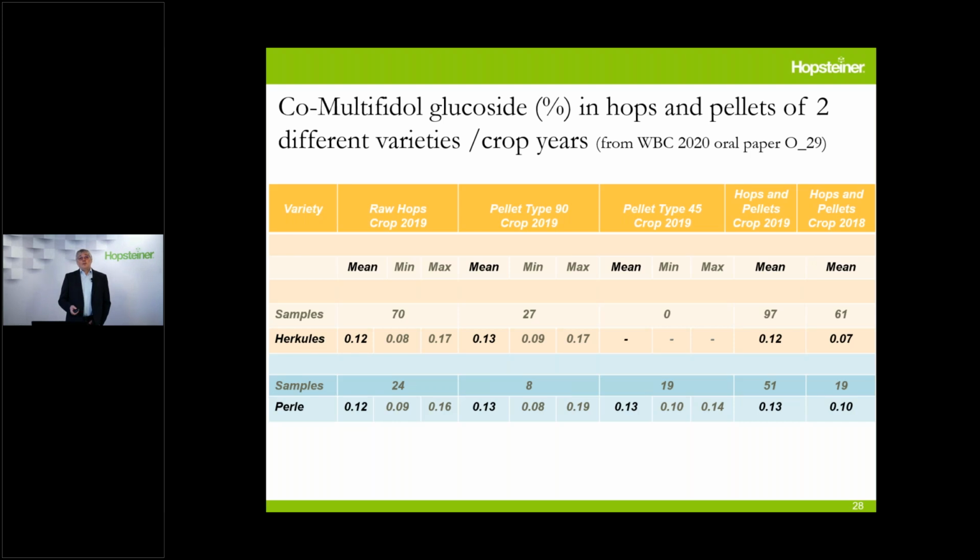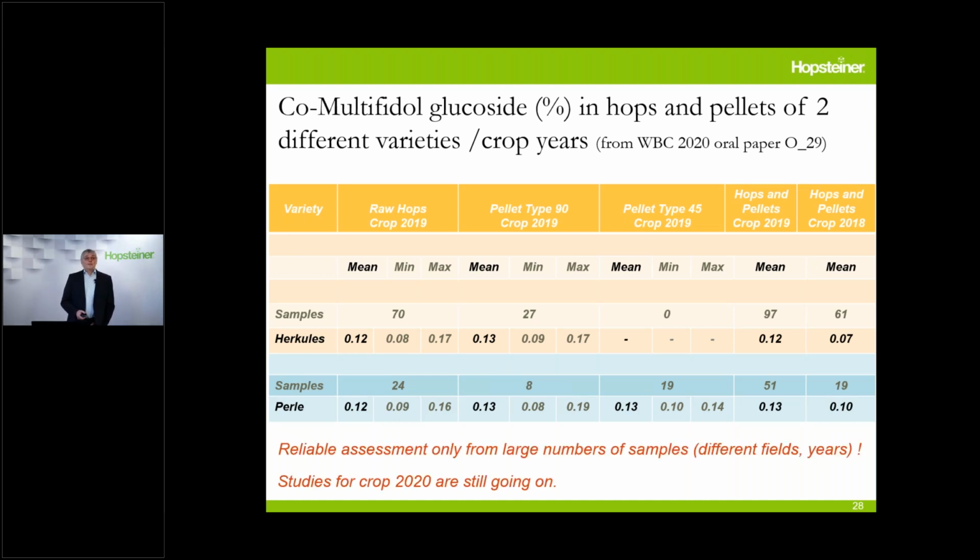And the same with the pellets. Here we also have concentrations for pellet type 45, because this aroma variety is also processed to pellet type 45. But again, the mean values for raw hops, pellet type 90 and pellet type 45 are very similar. So the total mean for crop 19 was 0.13, and in the 18 crop we had 0.10.